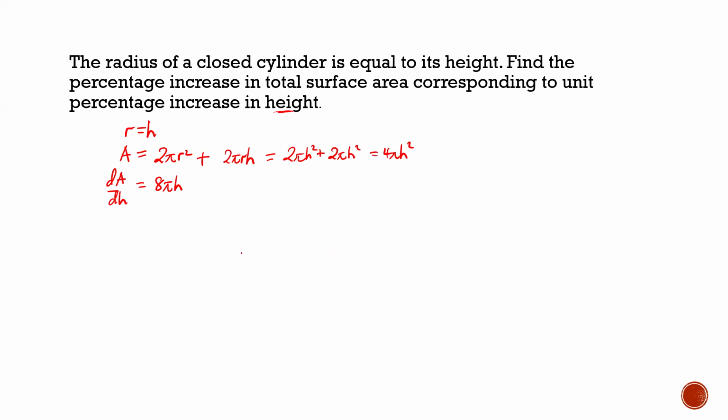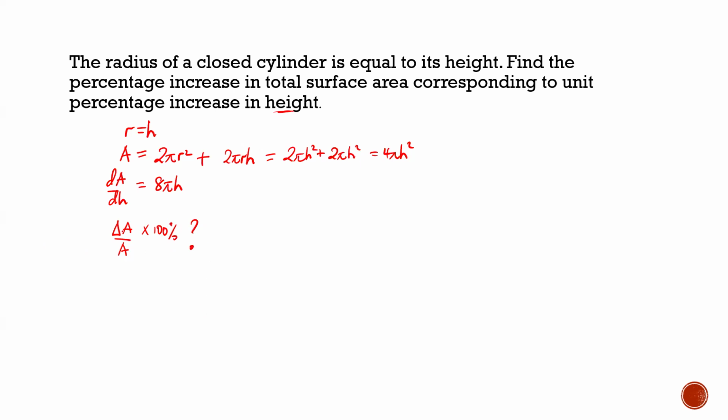Okay, now we've been asked to find the percentage increase in total surface area. What's the percentage increase in total surface area going to be? Delta A out of A times 100%. That's exactly what we're looking for.